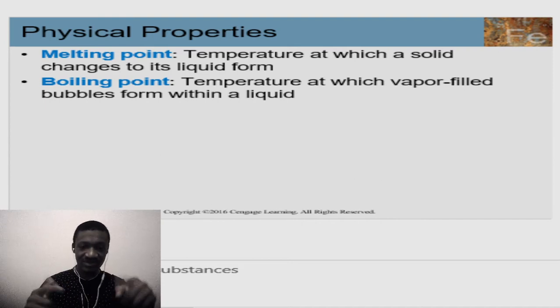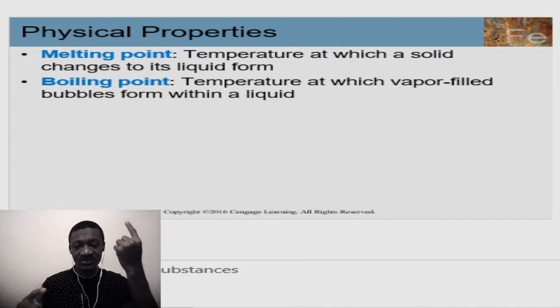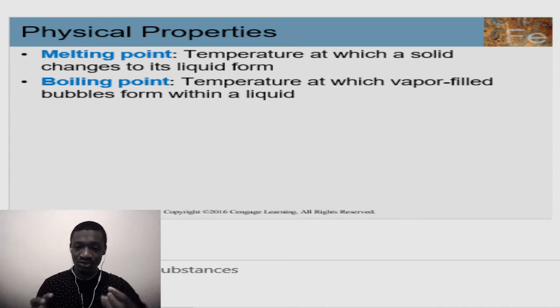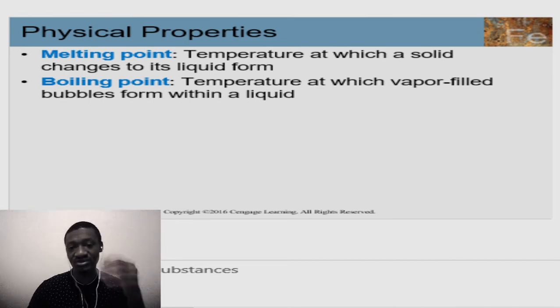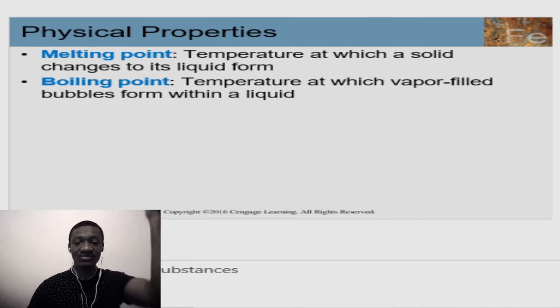Once you keep increasing the temperature, it goes to the third form of matter, which is the gas. It's vapor, and then the bubbles within the liquid, from the word to evaporate or to vaporize.